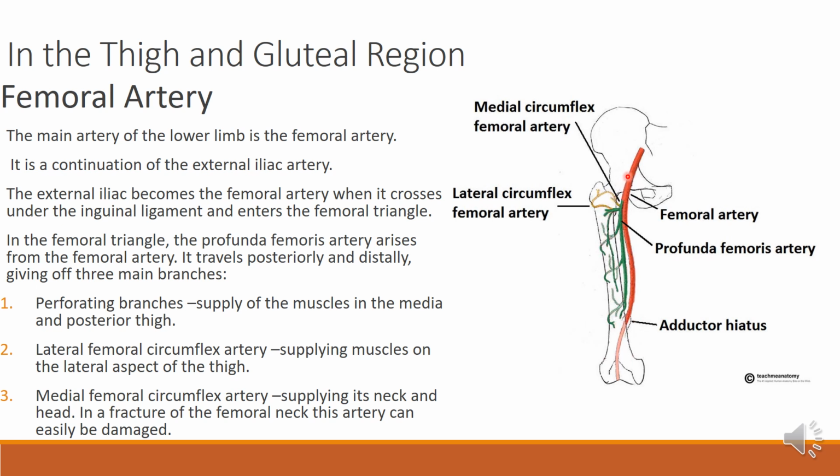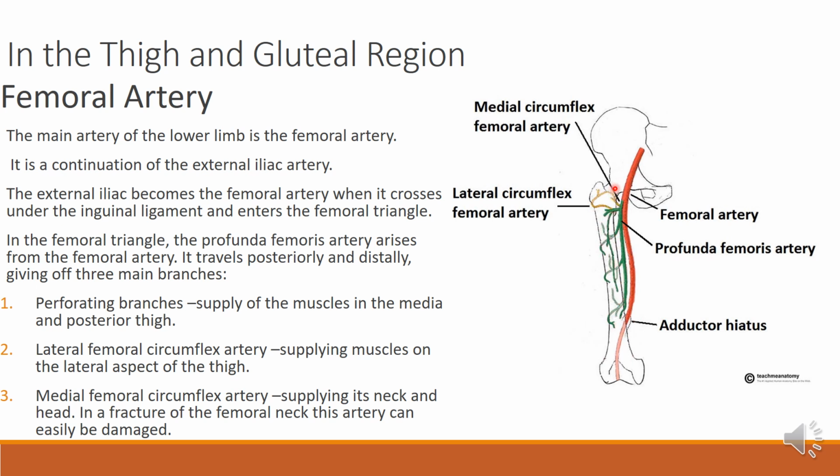So femoral artery is a continuation of external iliac artery. It is called femoral artery when it enters the femoral triangle under the inguinal ligament. Then in the femoral triangle, it gives a branch called profunda femoris artery. It gives up three branches: medial circumflex femoral, lateral circumflex femoral and perforating arteries.